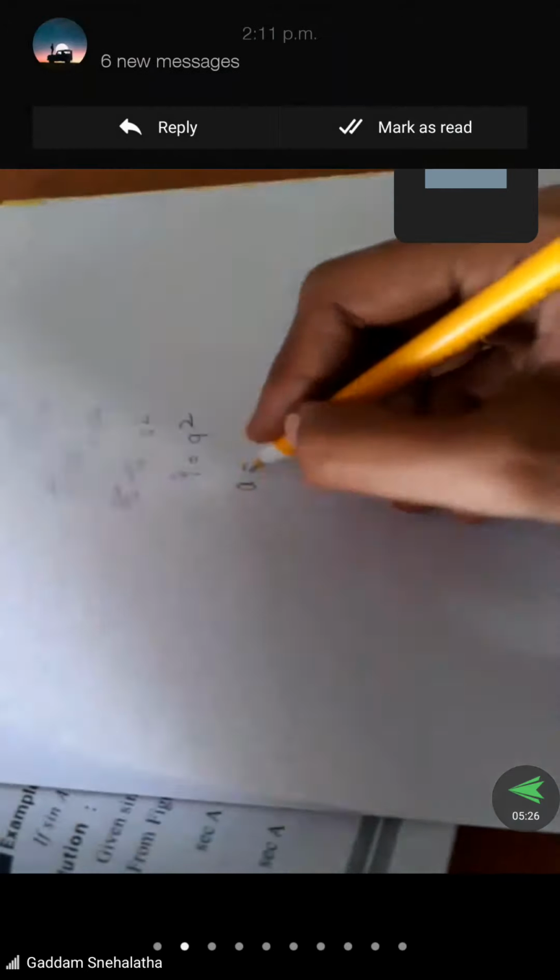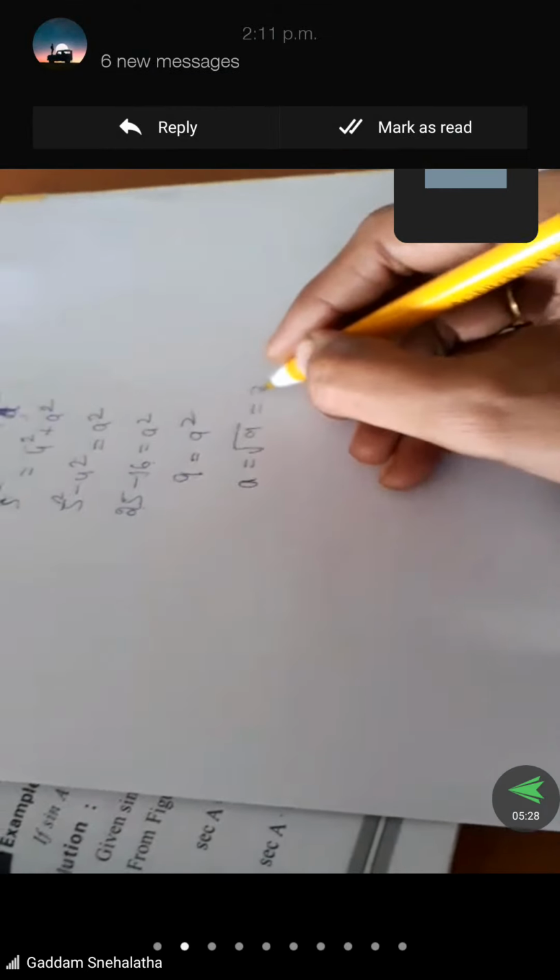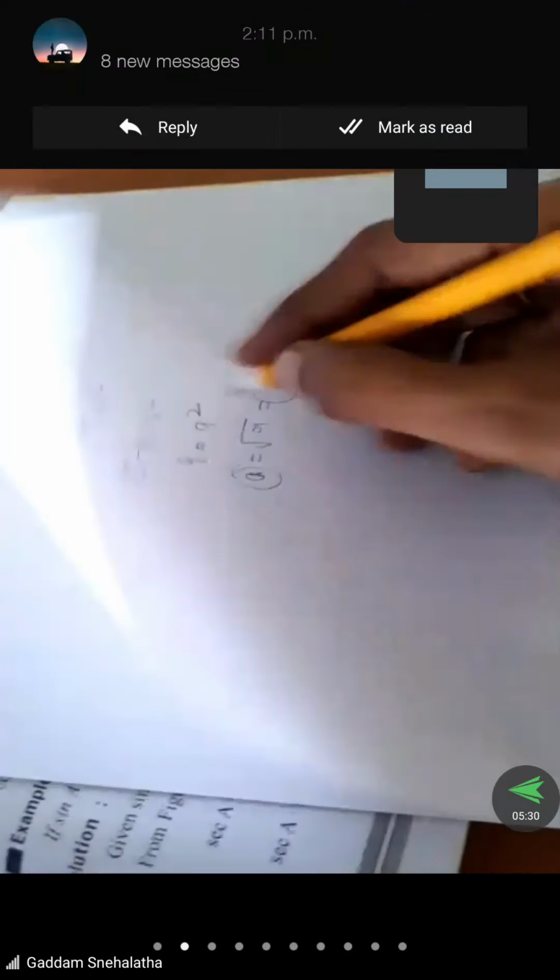So 9 is equal to a square, so a is the square root of 9, which is 3. So adjacent we get 3.